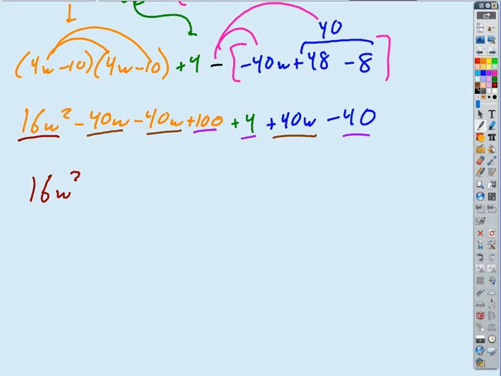That's brown. So we got negative 40w minus 40w plus 40w just combines to a minus 40w. Everybody agree? Okay. And then we have a plus 100, plus 4 is 104, minus 40 is plus 64. That'd be my final answer.